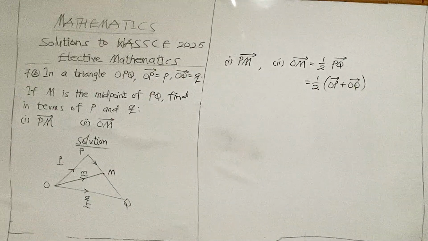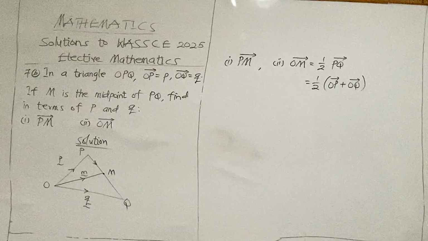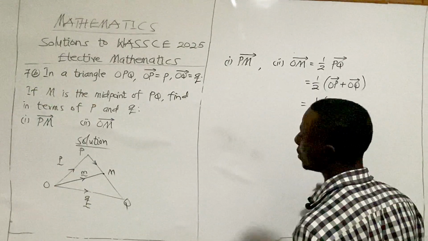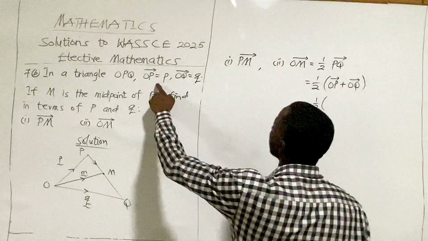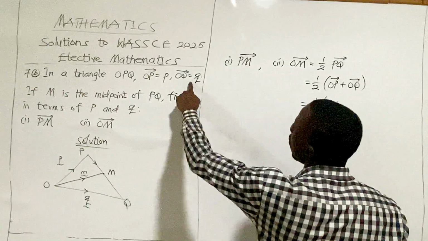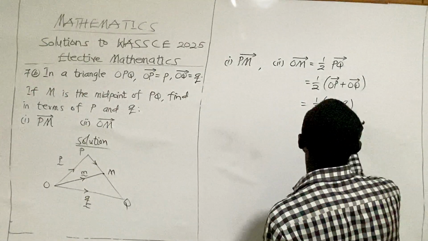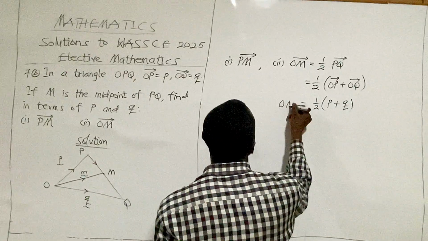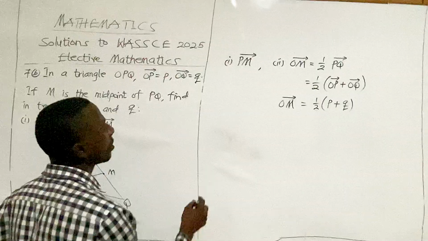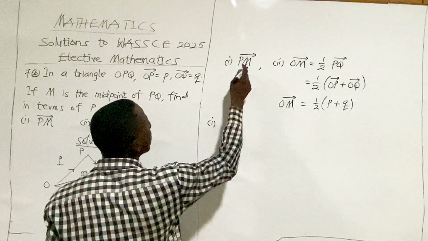We know that OP was p plus OQ is also q. And this is my OM, half of p plus q.